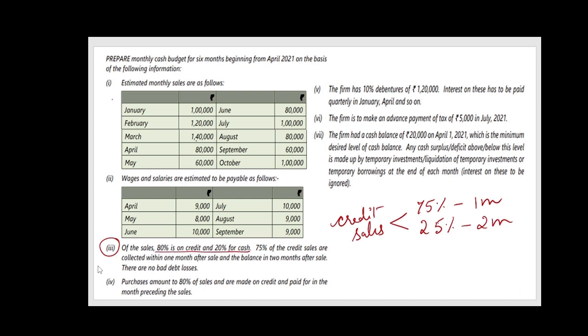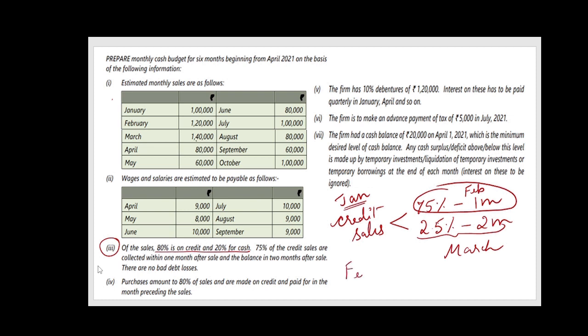That means to say, suppose we are talking about the credit sales of January, 75% of the money you will receive after 1 month, that is in the month of February, and the rest 25% you will receive after 2 months. So you're selling it in January, 25% of that amount you're going to receive after 2 months, so March.